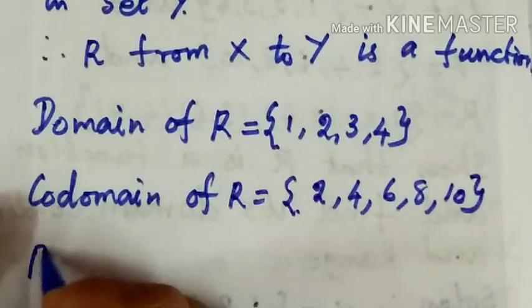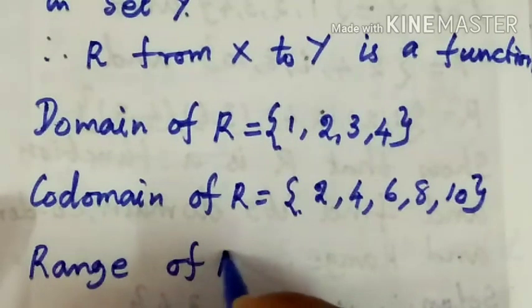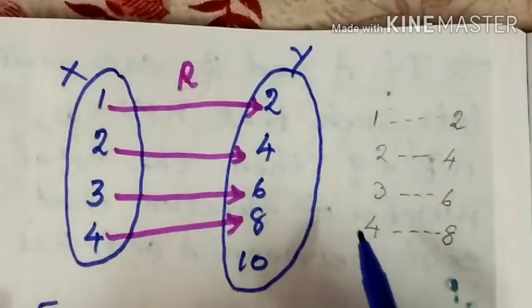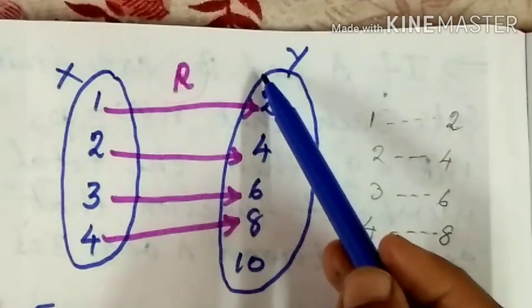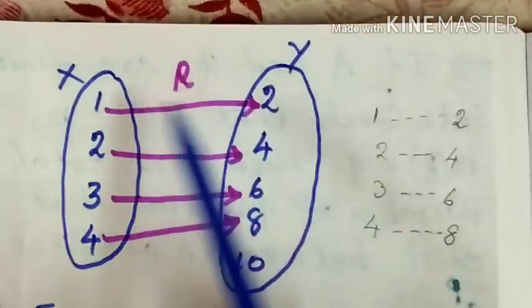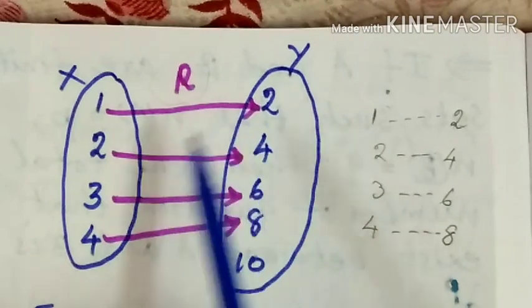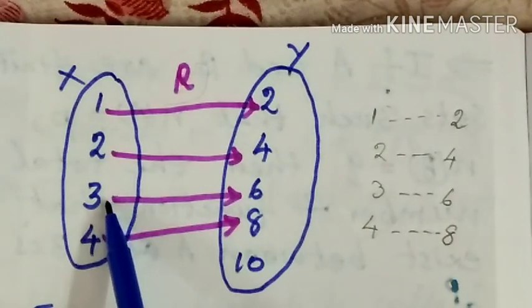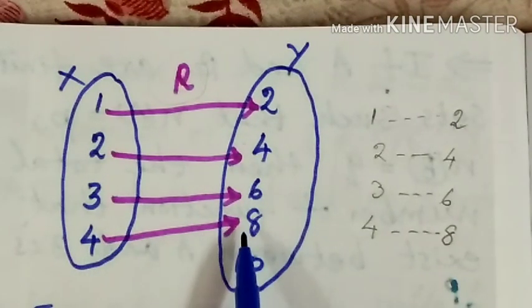Then range of R. See this arrow diagram. What is the definition of the range? All the images are called the range. See, the element 1 has image 2, 2 has image 4, the image of 3 is 6, 4 is 8.